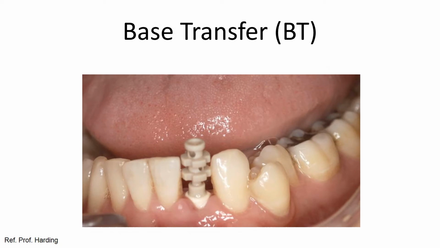The quick transfer is pushed into the top of the healing abutment, and in this situation it's just pushed together. Other systems may rely on it being screwed. Now the advantage of this approach is that we do remove the need to actually take off the healing abutment in order to take the impression.